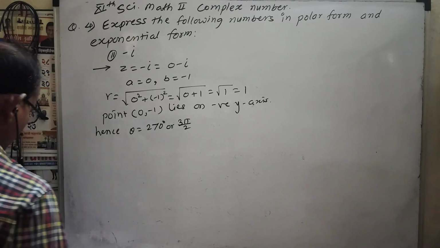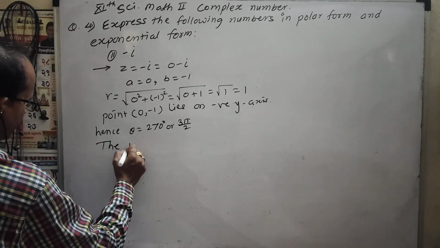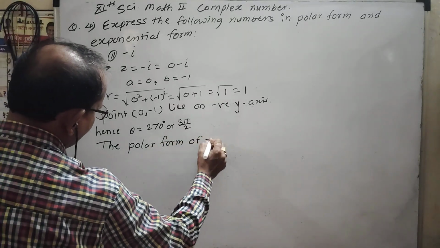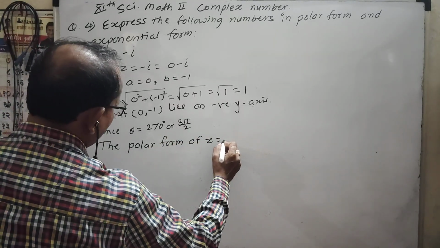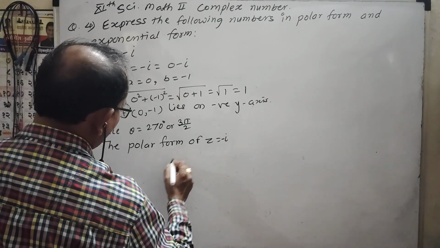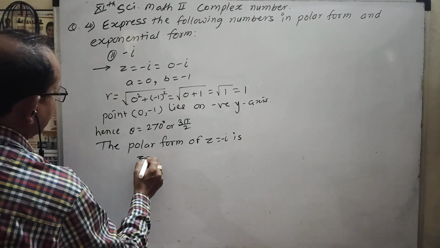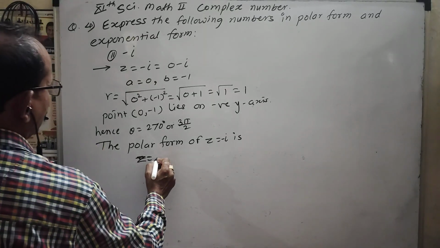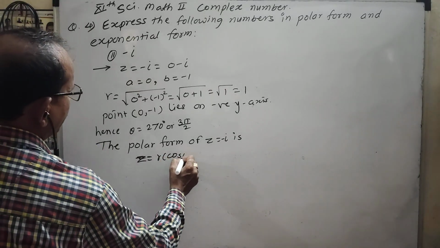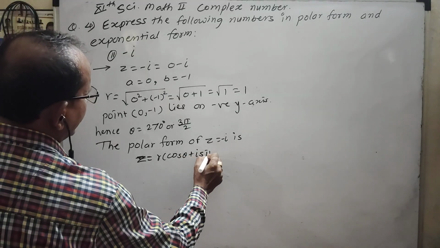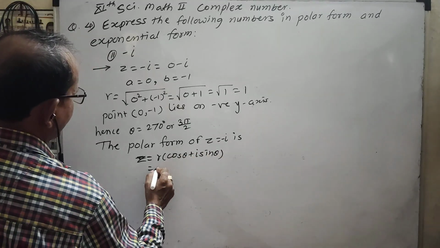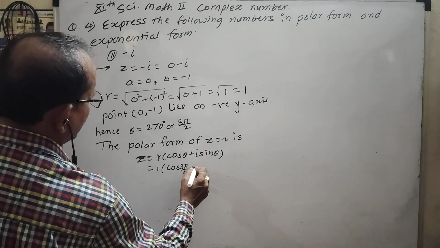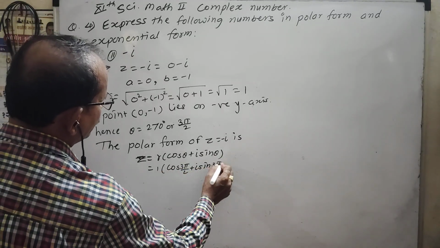The polar form of z is equal to minus i: z is equal to r cos theta plus i sin theta, where r is 1, cos 3 pi by 2 plus i sin 3 pi by 2.